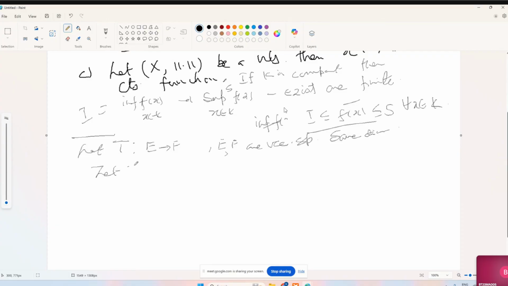Let T be one-one and onto, that is, T inverse exists. Claim: T linear implies T inverse is linear.